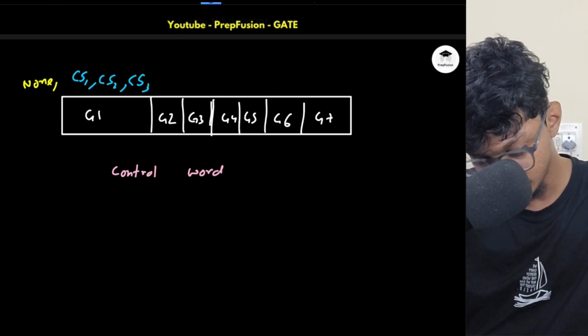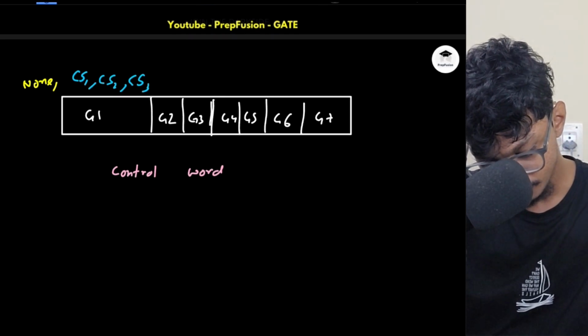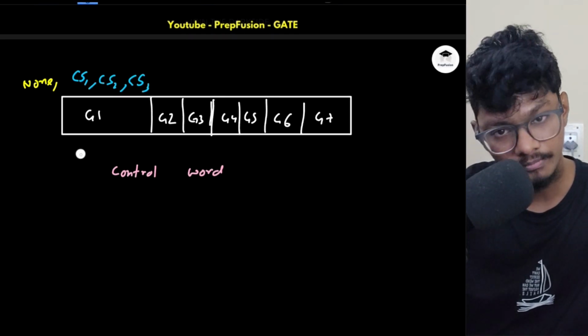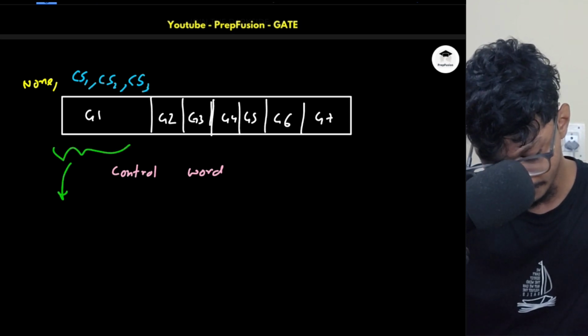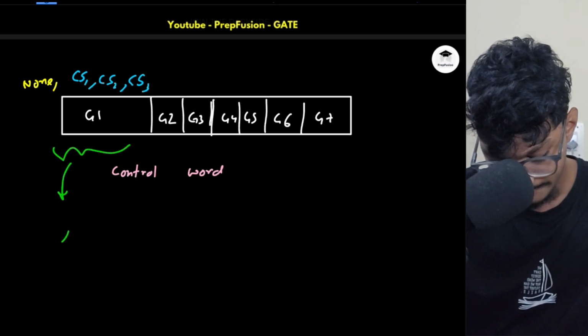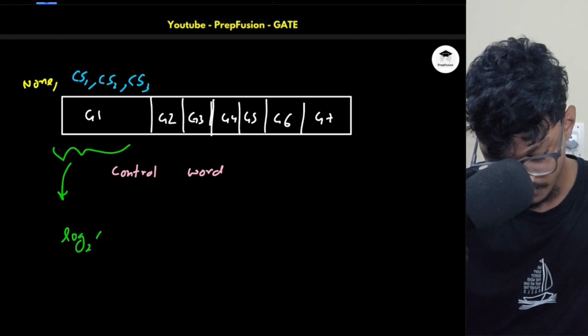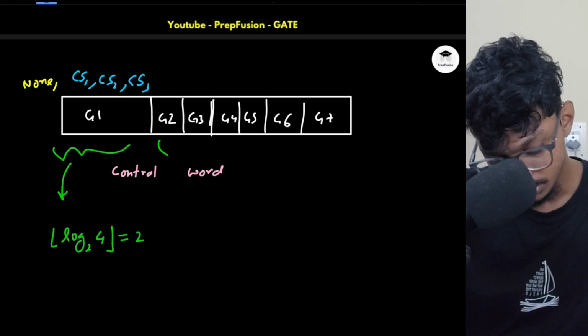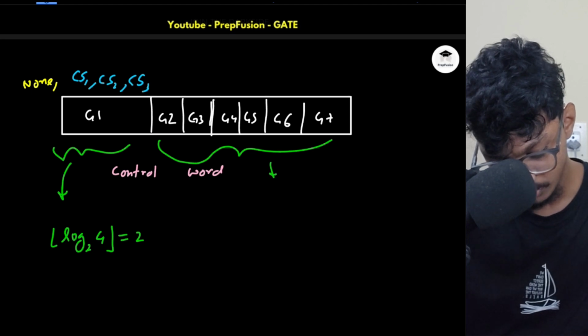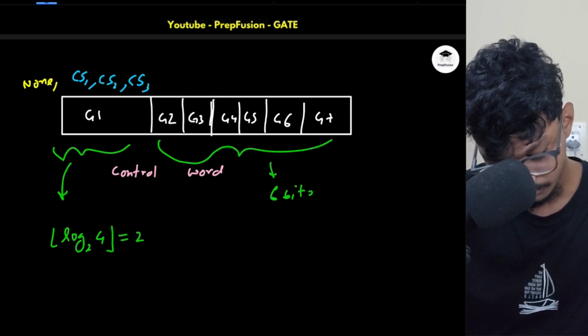So in total how many bits will I require in this particular group? As I require the minimum number of bits, that's why I am using vertical microprogramming. So it will be log of the number of states. How many states do I have? 4, so it will be 2 bits. Here how many bits will I have in total? 8 bits.